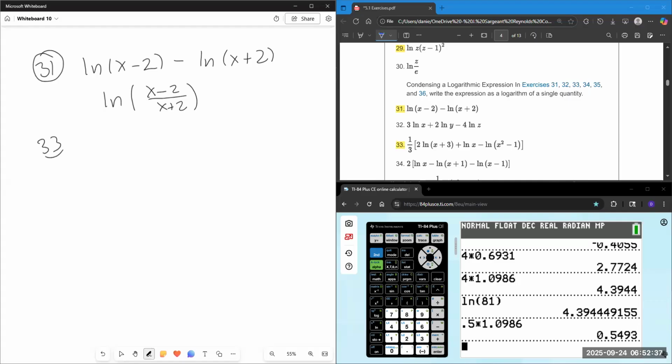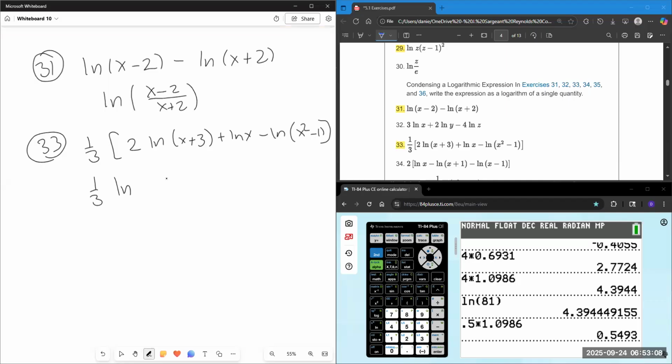Here in 33, I have a 1/3 on the outside, 2 ln x plus 3 plus ln of x minus ln of x squared minus 1. I'm going to try to write it the way that it's shown here without distributing the 1/3 through. So I'm going to leave that last.